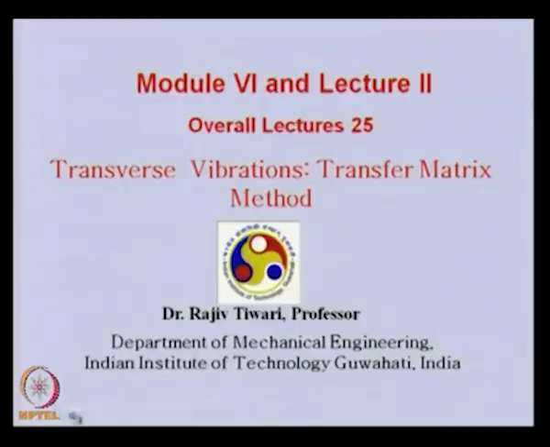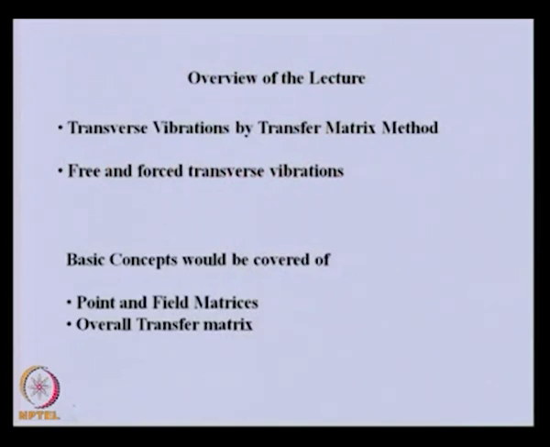So, we will have matrices of size 16 by 16, but with single plane motion we will have point and field matrices of the order of 4 by 4. So, let us see what we will be covering in this lecture.